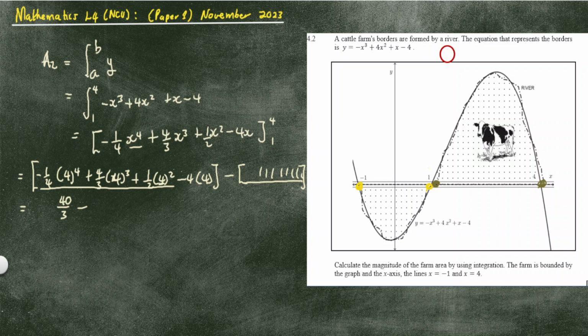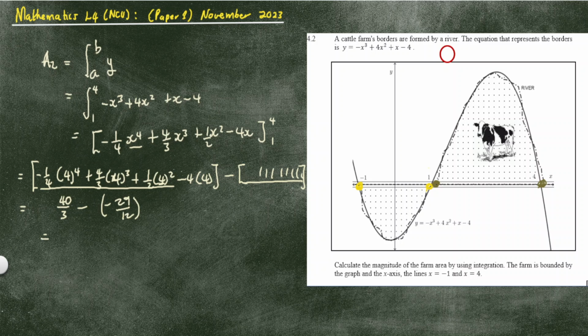Plus 1. I erased it. Let's remove a negative, and remove another negative, remove this negative, and this negative as well. I'm getting minus 29/12. Is that true? Yes.